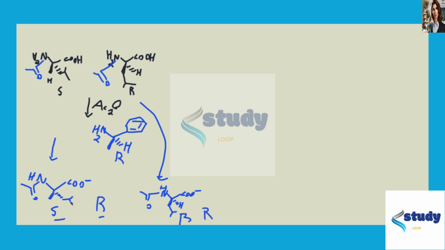All of these act as diastereomers to one another, because they have the same configuration around all but one stereocenter. So now you can separate these based on physical properties.